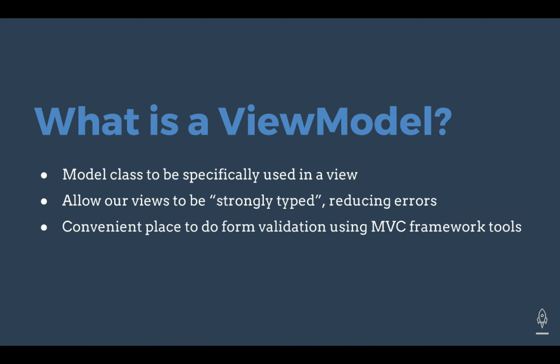And view models are also really great for doing form validation, and form validation, as you'll see, is going to be a lot easier than what we've seen in previous web applications, in particular in the Python web applications in Unit 2, where we had to write a lot of form validation code. We'll really have to write very minimal validation code within our view model classes.